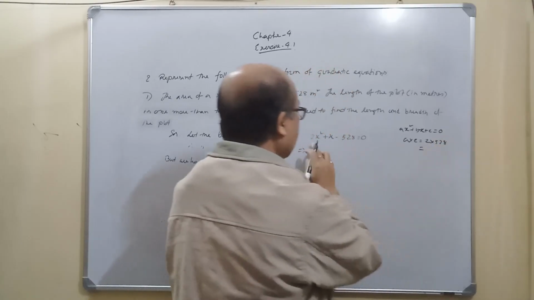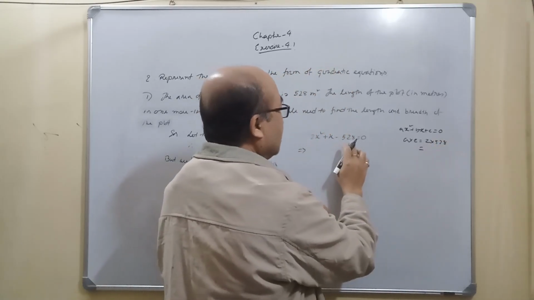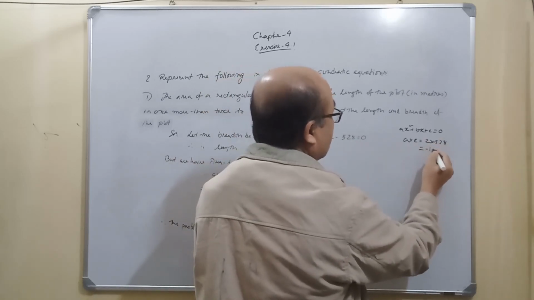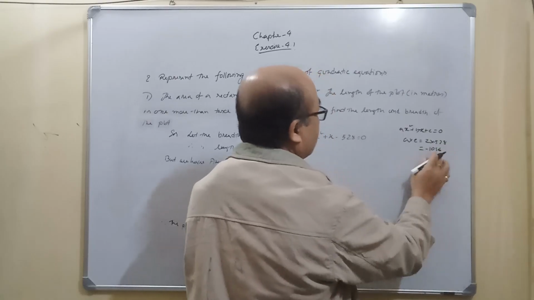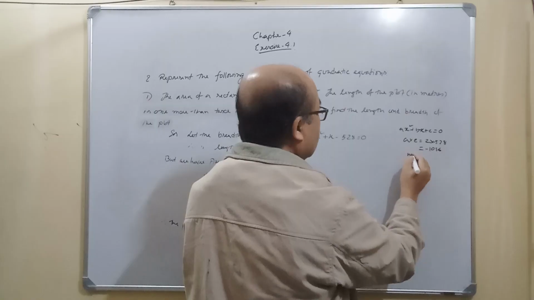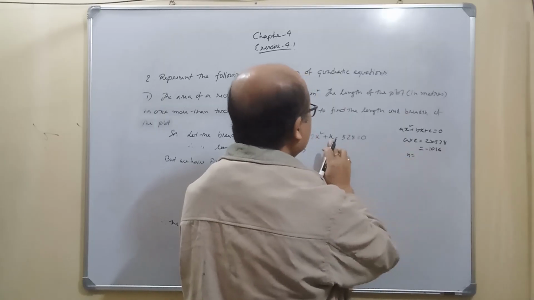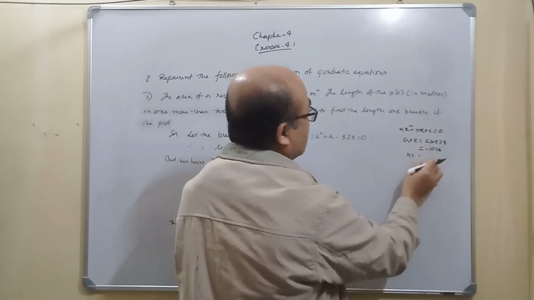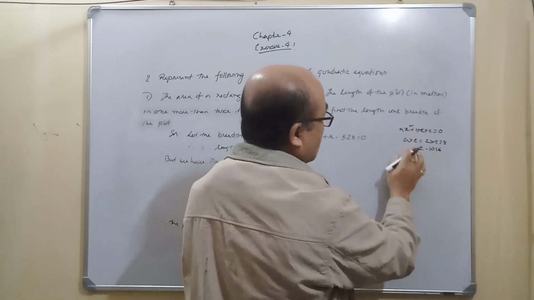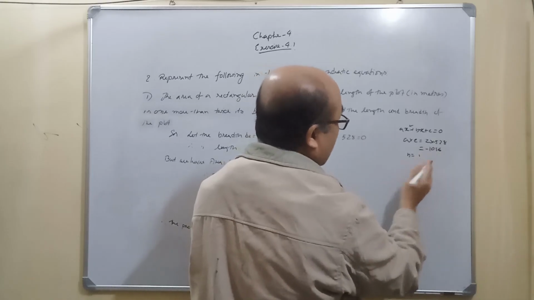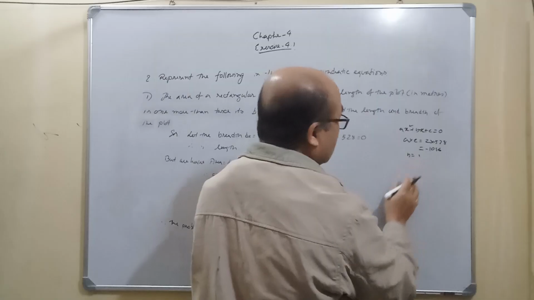A is 2, c is minus 528, so the product is minus 1056, and the sum should be equal to the coefficient of x, b, which is 1. So we need two numbers whose product is minus 1056 and sum is 1. So what are those numbers?